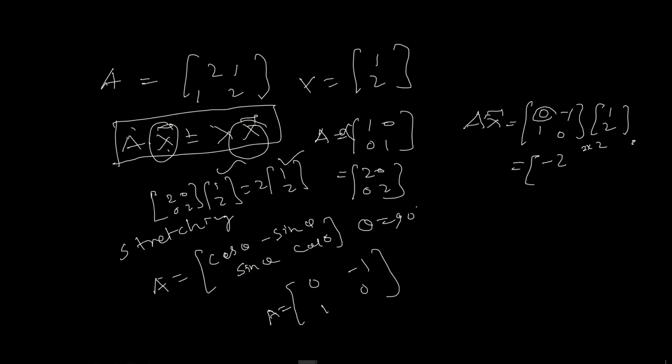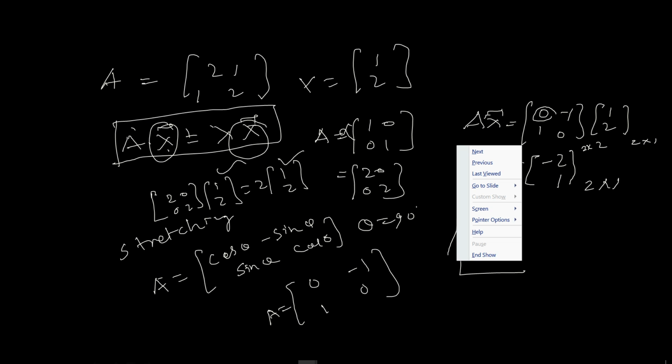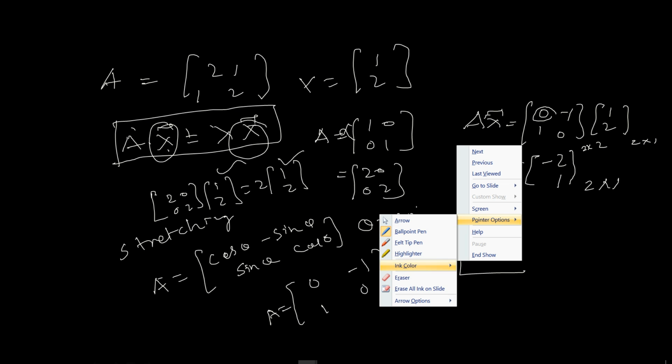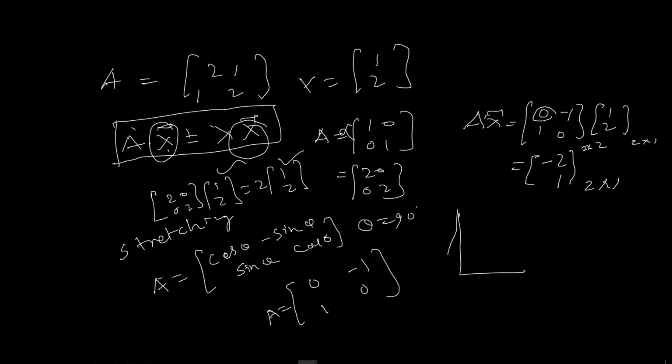If you realize this, we'll find something. This is my 1 and 2, so my vector x is this one, 1 and 2. Now what we are getting is minus 2 and 1.